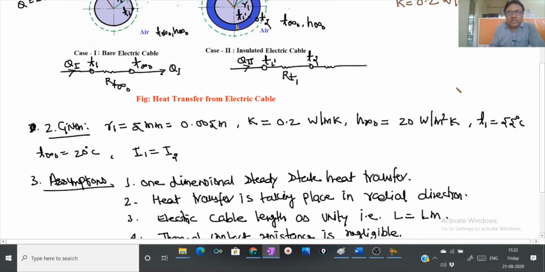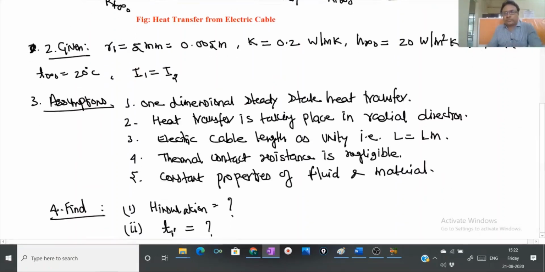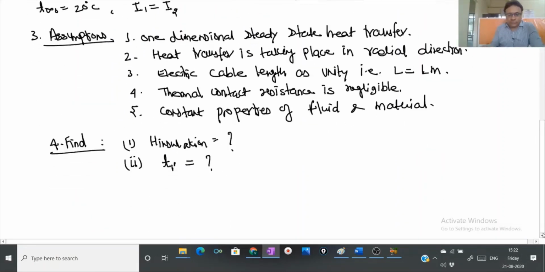And second thermal resistance will be offered between outer surface temperature of the insulation to the T infinity O surrounding fluid temperature, and this will be convective thermal resistance. And finally, heat will be dissipated to the environment. So this way you can draw equivalent electrical circuit for both the cases. Now let us do the detailed calculations.